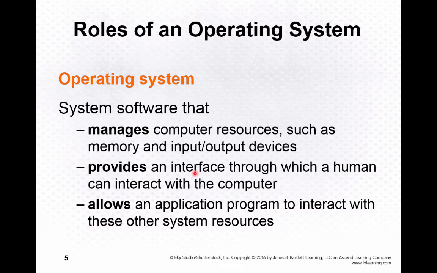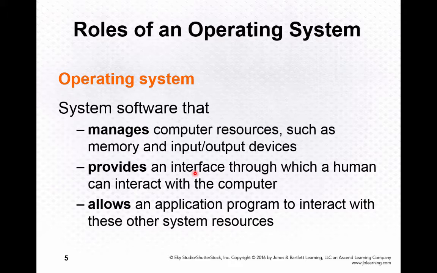So the operating system is an example of system software, and some of its main jobs are really to manage your computer's resources, access to the keyboard, access to the file and other input and output devices, and memory. And it also provides an interface that a human being can use to interact with the computer.